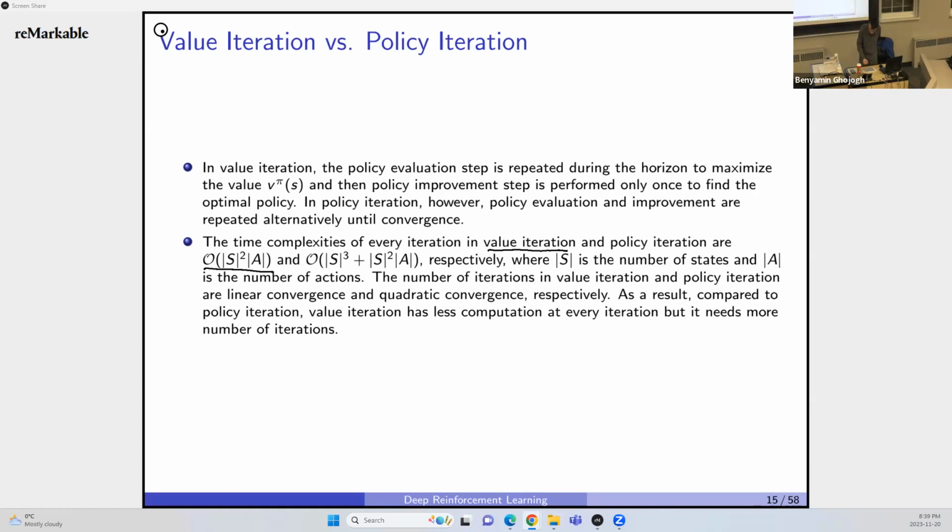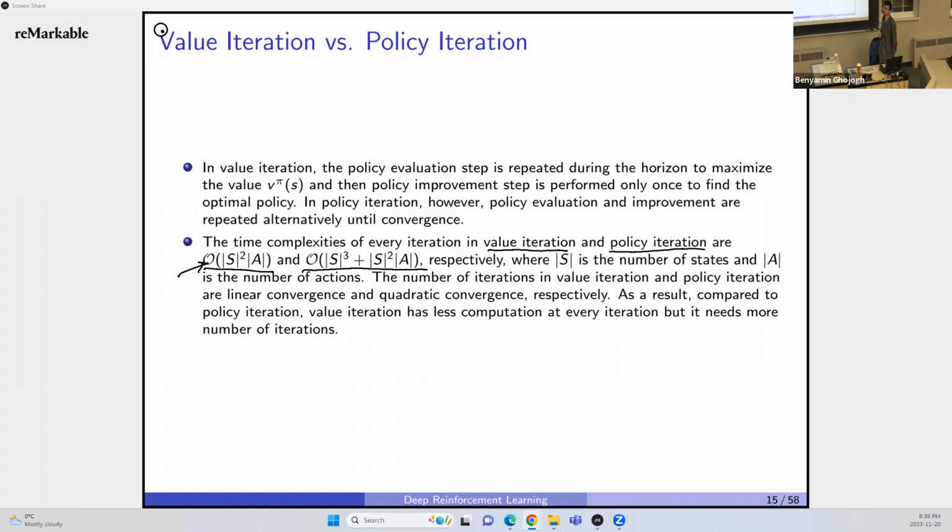So the time complexity of value iteration is big O of the number of states to the power 2 times the number of actions. But for policy iteration, the time complexity is state cubed plus state squared times action. Which one is worse?